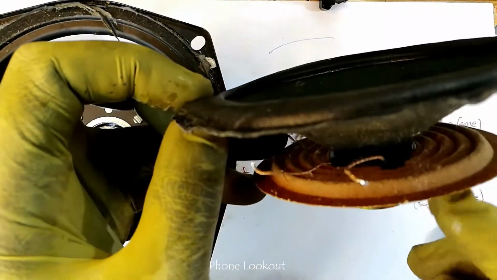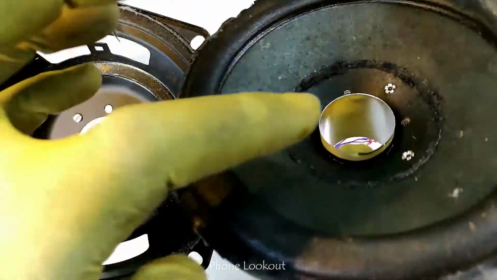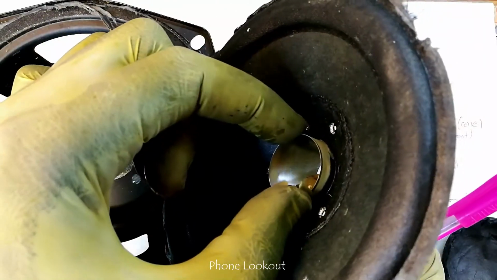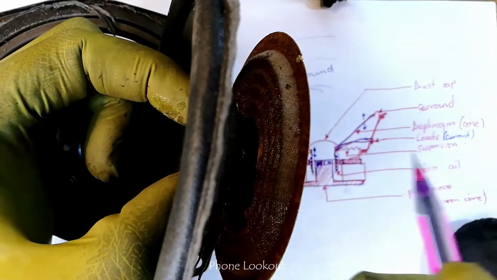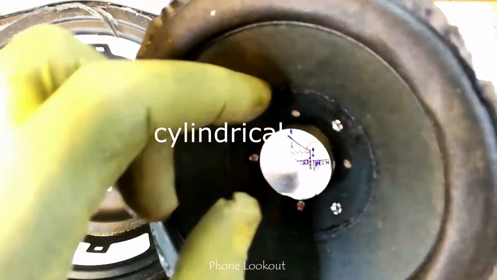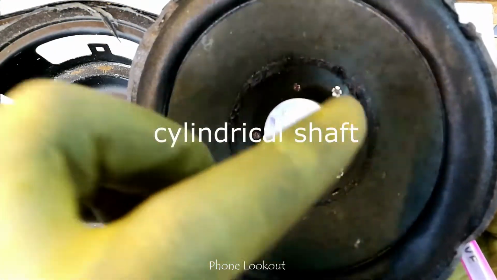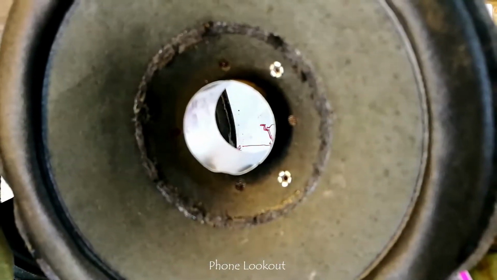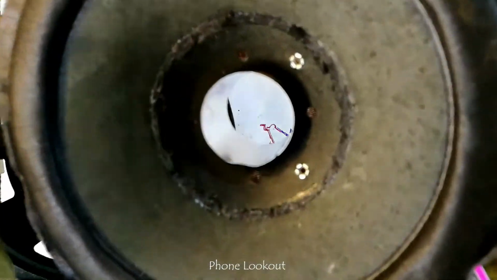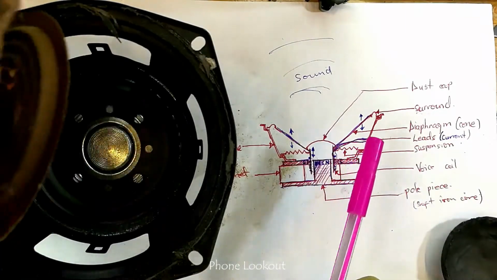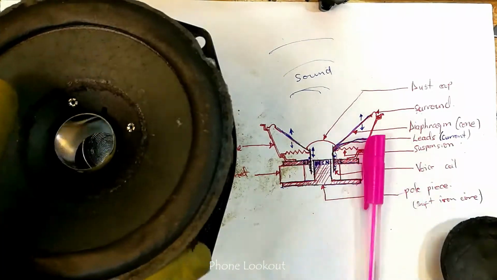When that cylinder moves, it will move this cone that is anchored onto it. So motion from this coil is transmitted through that cylinder onto the shaft, and then the shaft will move outward or inward, depending on the direction of the force on it. And that is a loudspeaker basically, or at the very least the core of it.